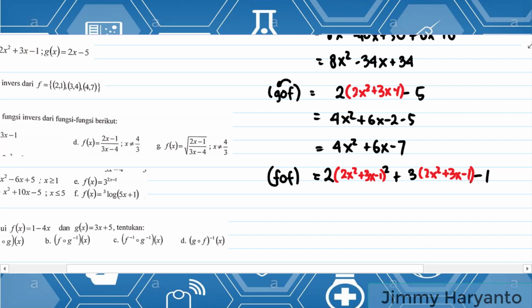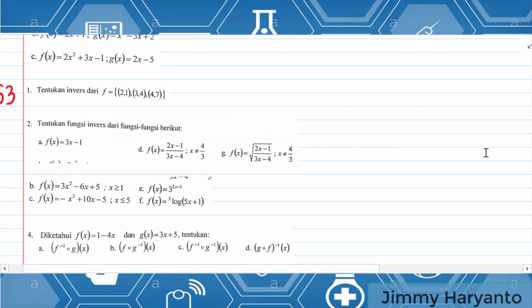If you expand this one, it will be complicated, so I will leave it like this. You can answer it like this, or maybe you can simplify it. It will be better. Next is page 63 about inverse function.